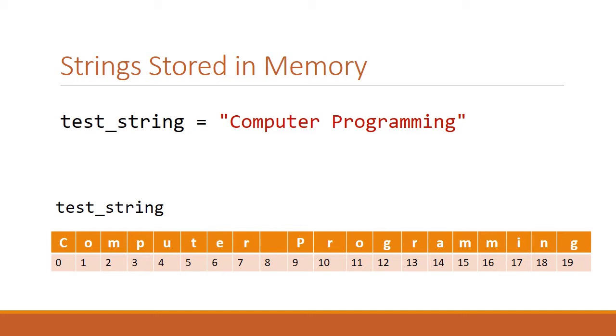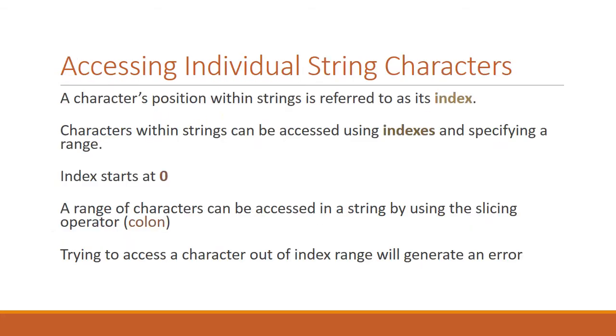So the first character, which is an uppercase C, is assigned the position 0. The length of this string is 20. Notice that the last character in the string, which is a lowercase g, is at position 19, which is the length of the string minus 1.